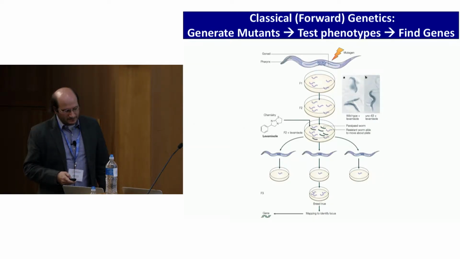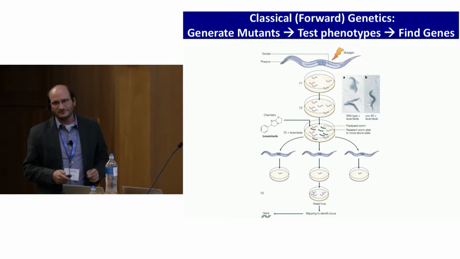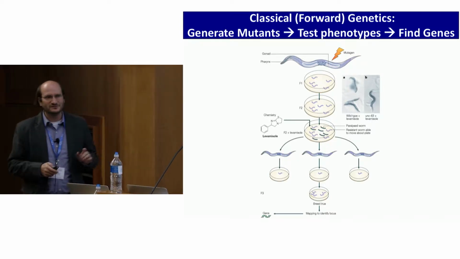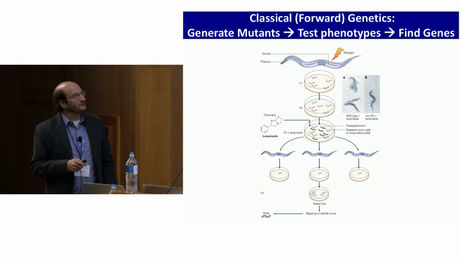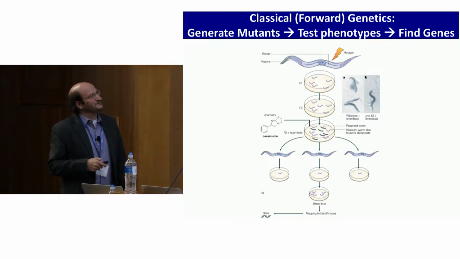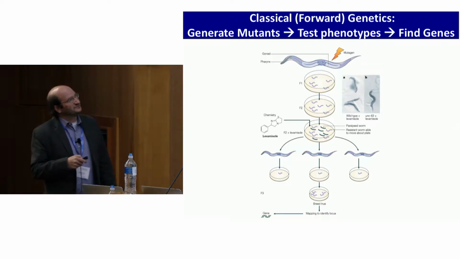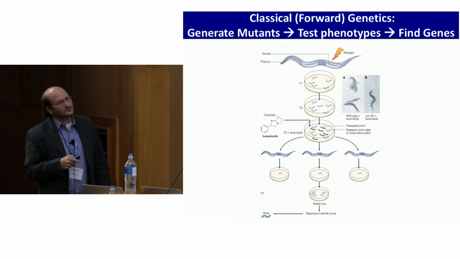So just one really basic slide, I think, to understand where screens have come from. Probably this may be too basic for some of you, but before the sequencing of the genome in the olden days, and actually still today to some extent, the way you would do screens would be using forward genetics.